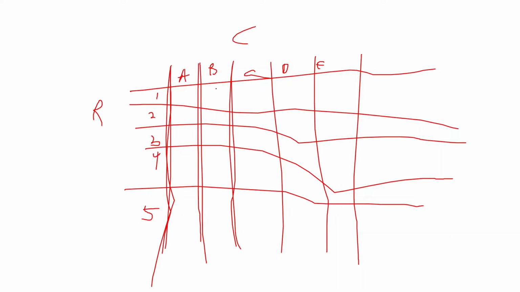So this is a cell, this is a cell, this is a cell, this is a cell, this is a cell as well. There are thousands of cells, a whole lot of cells, that you can work with. Okay, so all these are cells.